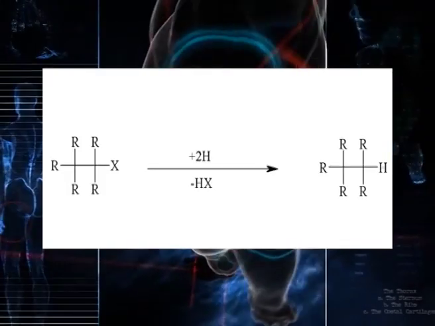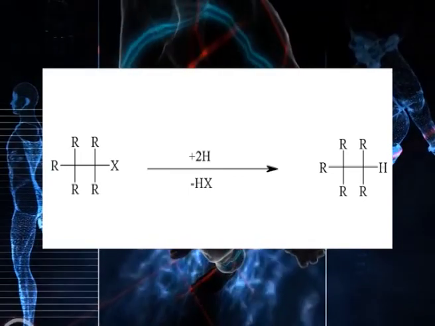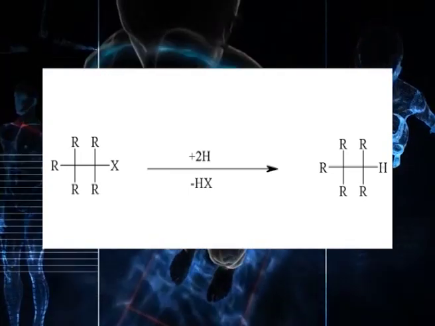Dehalogenation is the method of removing halogens, that is fluorine, chlorine, bromine and iodine, from xenobiotics. There are three major mechanisms for removing halogens from aliphatic xenobiotics. The first, known as reductive dehalogenation, involves replacement of a halogen with hydrogen.